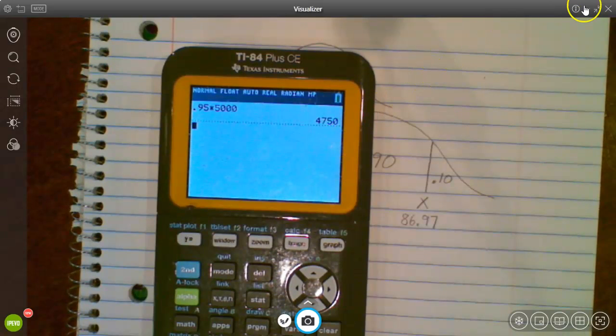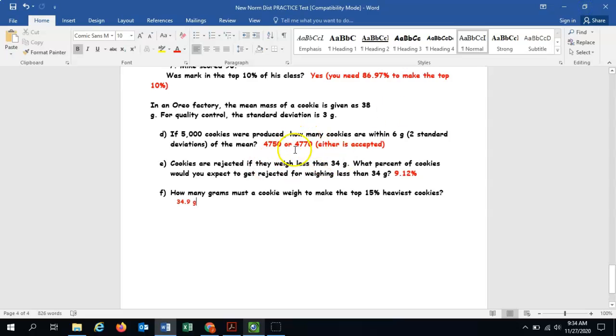The other approach in order to get this answer would be more of a calculator version. When we do this one, we're using 95%, which is a bit general, as we already looked at in the very first lesson. So you could have said, well, if I wanted to do within 2 standard deviations of the mean, that means I'm going to go 6 above this and 6 below this in my calculator. So I'm going to go to distribution, normal CDF.